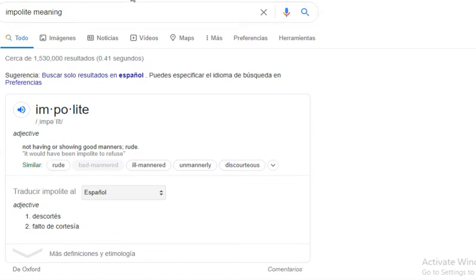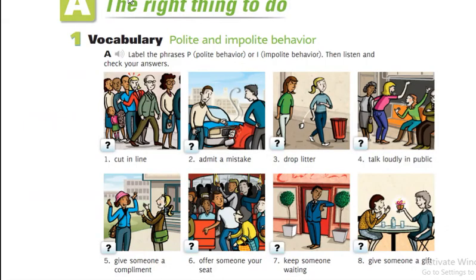Now we're going to try to categorize the activities into polite and impolite. Number one, we have cut in line. That's impolite. The second, admit a mistake. That's polite. Third, drop litter. Completely impolite. Talk loudly in public.